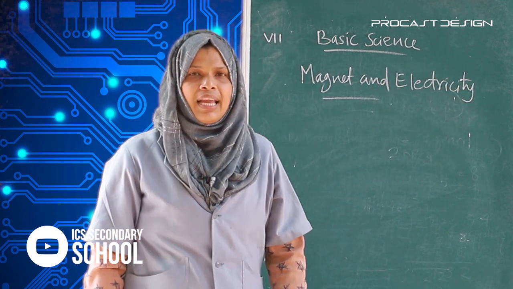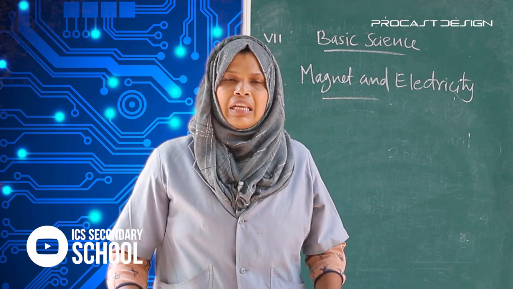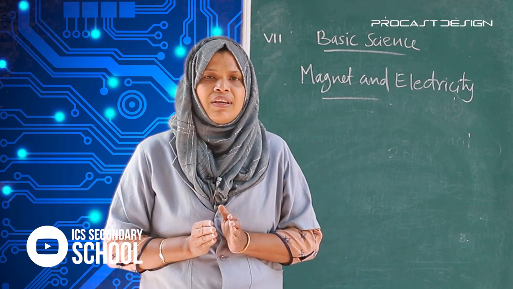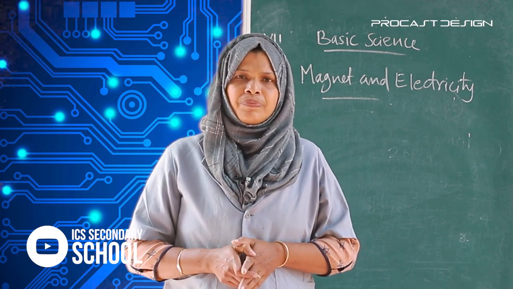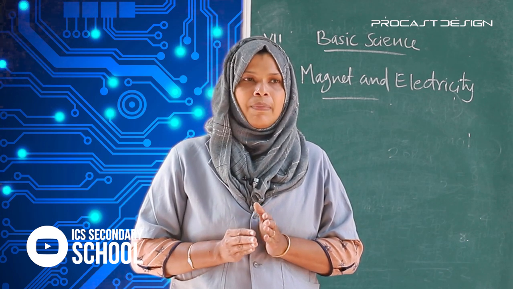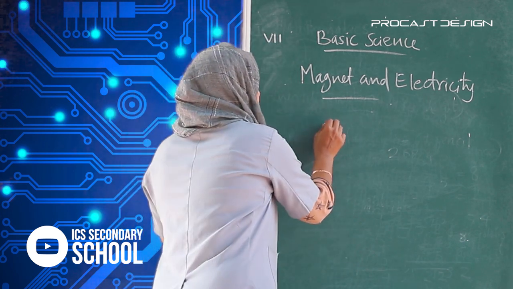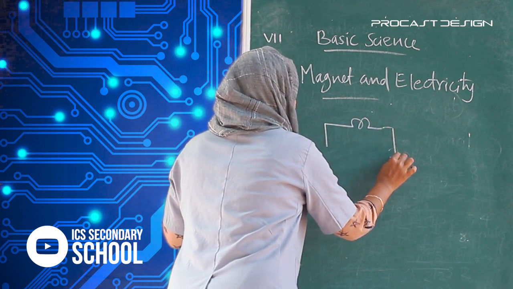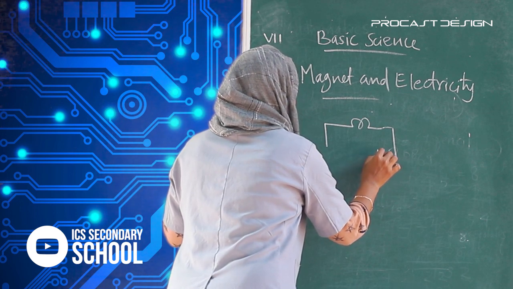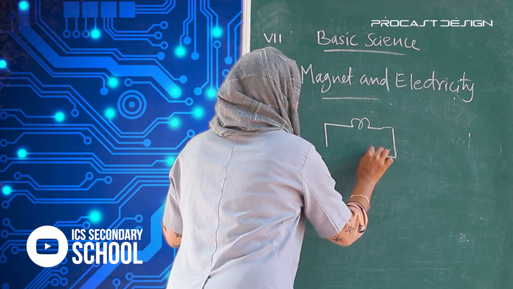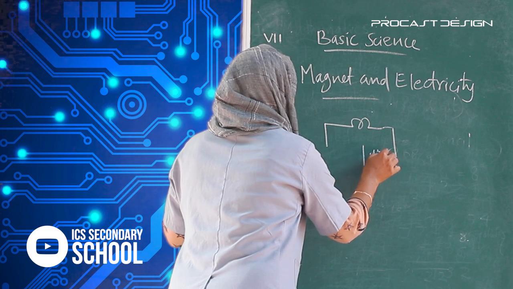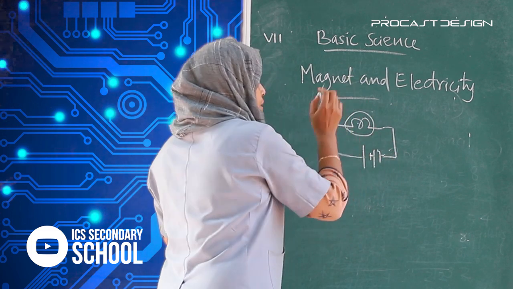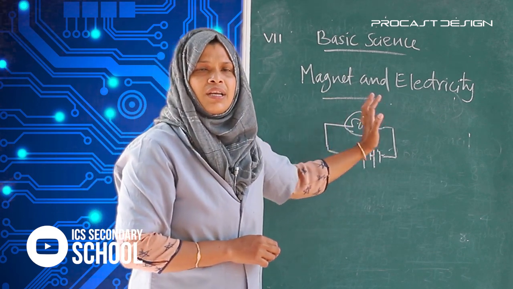Here we take an electric circuit. Earlier we used the electric circuit. We need two copper wires, a battery and a bulb, and this is the circuit diagram.